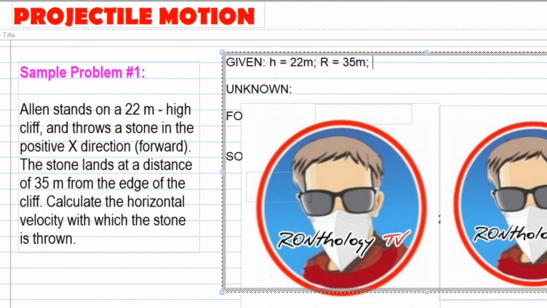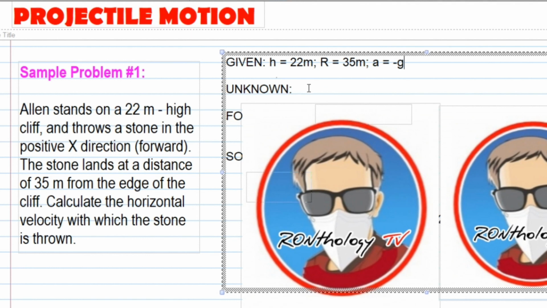Siyempre, it's a fact or understood natin that the acceleration is equal to negative of g or equal to 9.8 meter per second squared in the metric system directed downwards kaya negative or 32 feet per square seconds sa British system or sa English system. Also negative kasi directed downward.